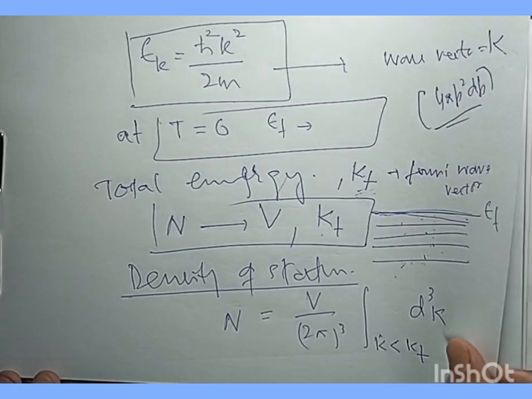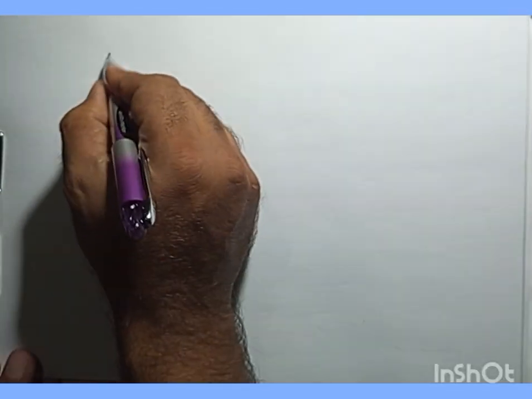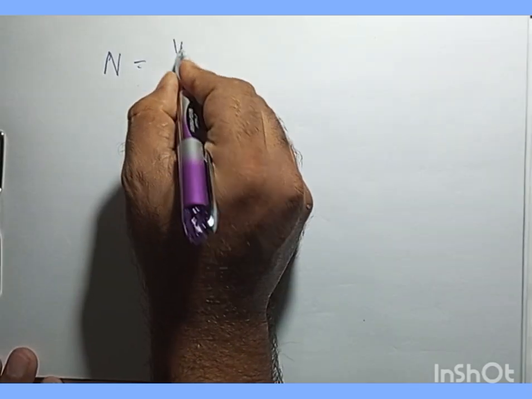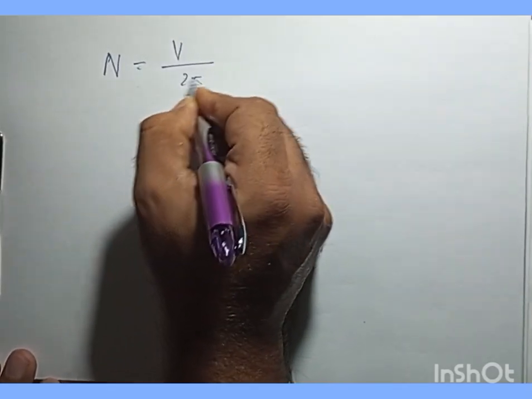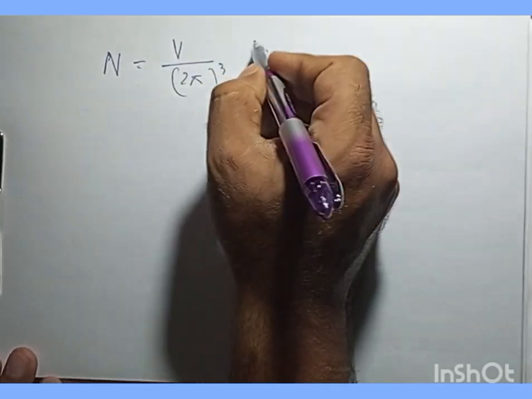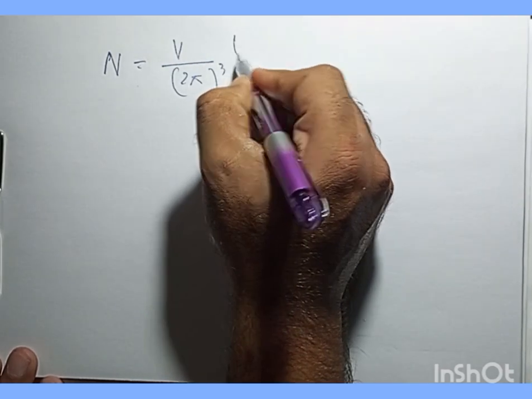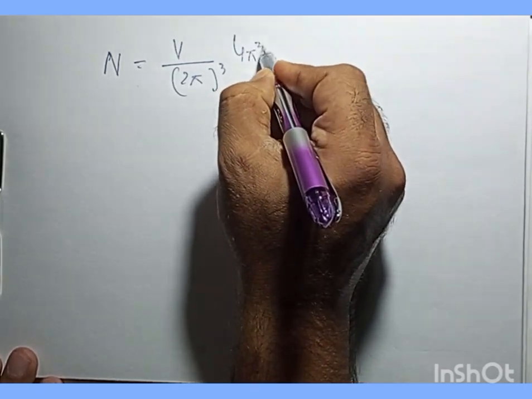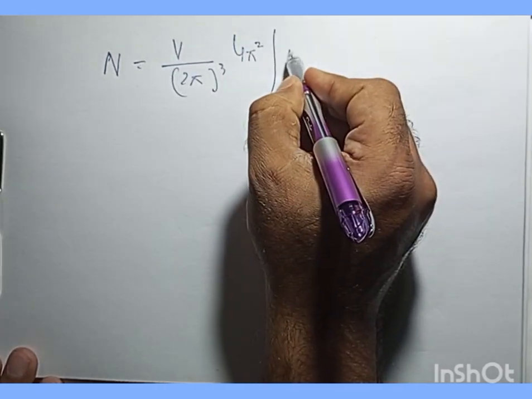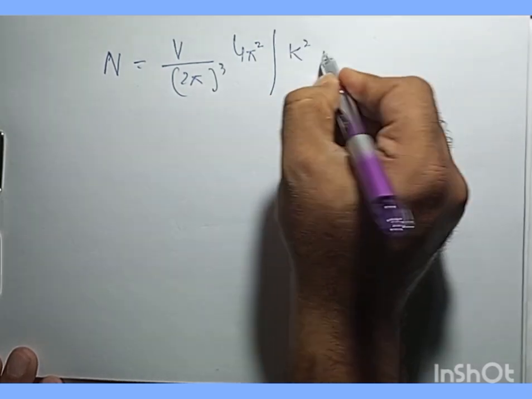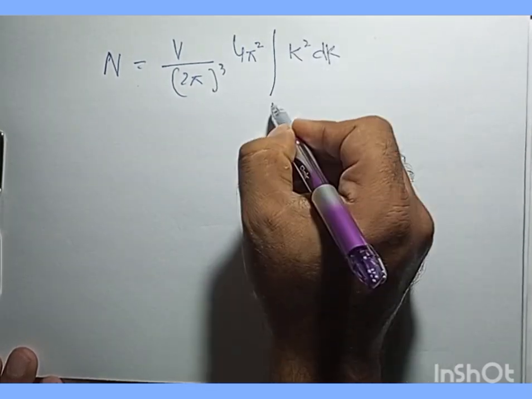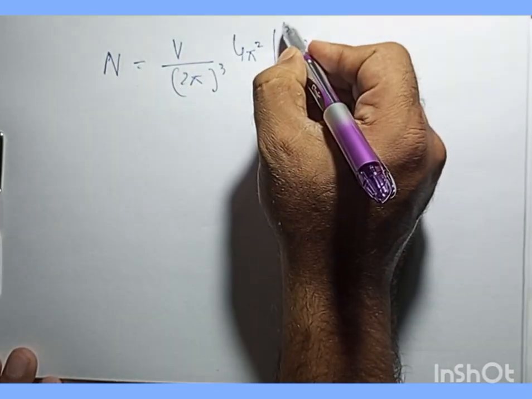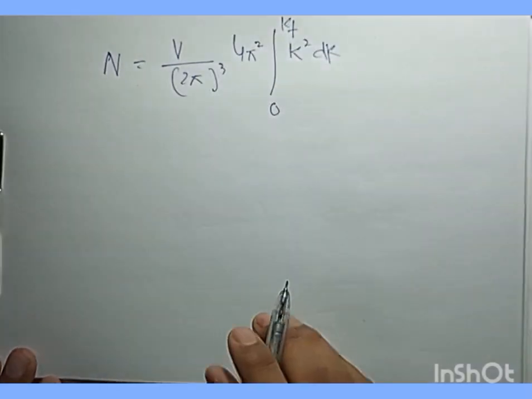So we write N as V by (2 pi) whole cube, then the integral of 4 pi k square dk, with the limit of integration from 0 to kF.